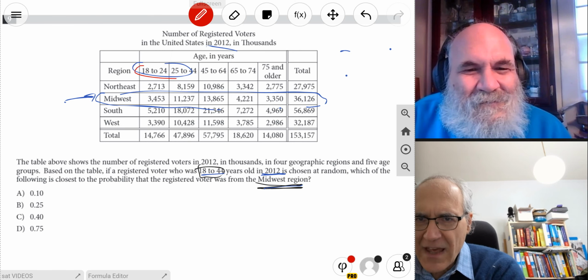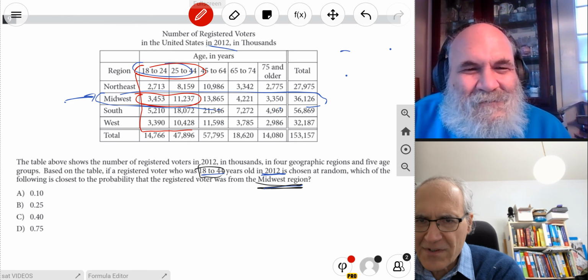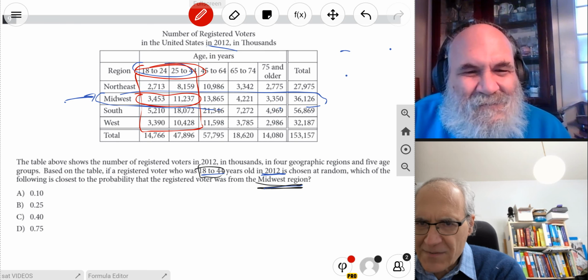So if one of these voters is chosen at random, which of the following is close to the probability the voter was from the Midwest region?